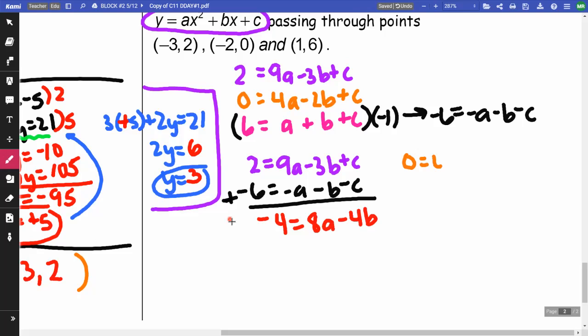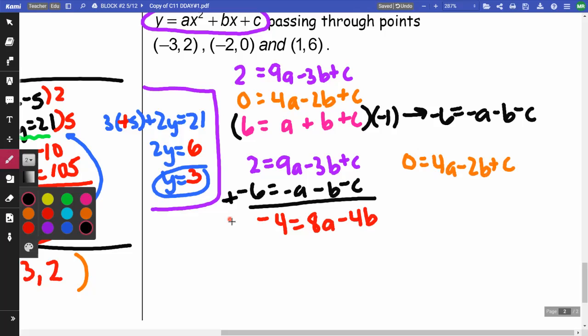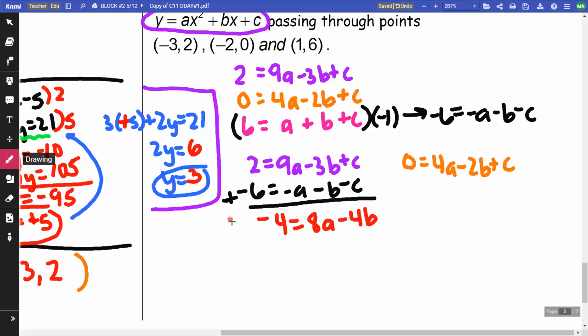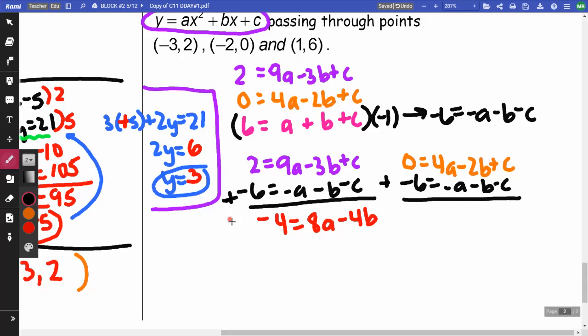So 0 is equal to 4A minus 2B plus C. And I am going to use the one I used in the other one. -6 is equal to -A minus B minus C. I'm going to add these up. Okay, I'll write this one in red also. I'm going to get -6 is equal to 3A minus 3B.